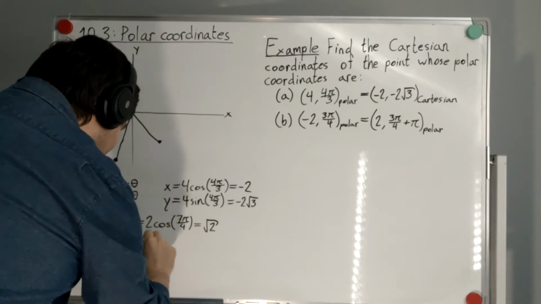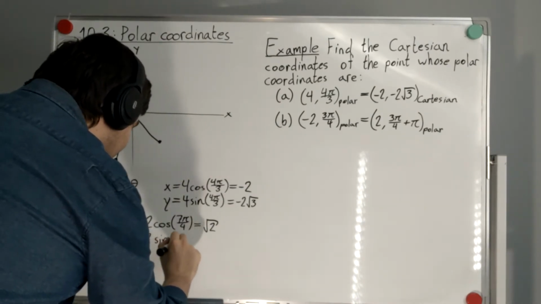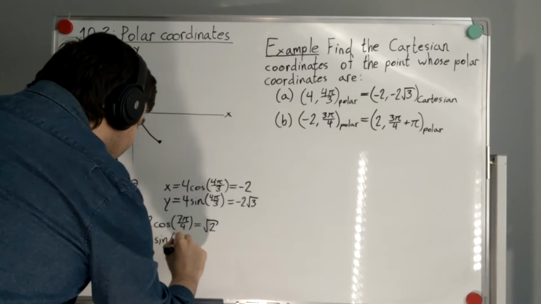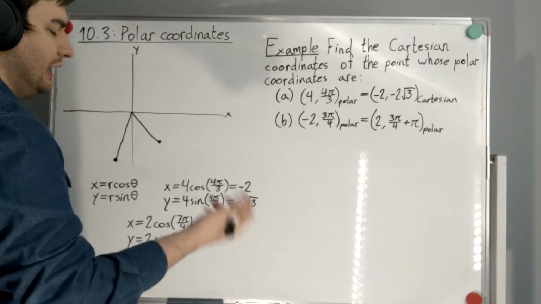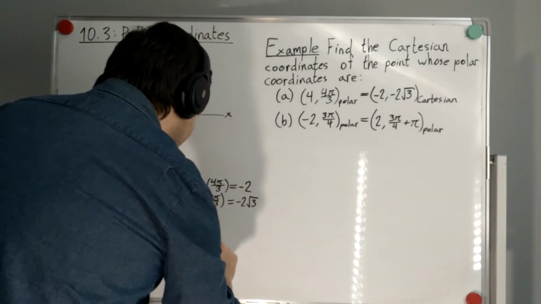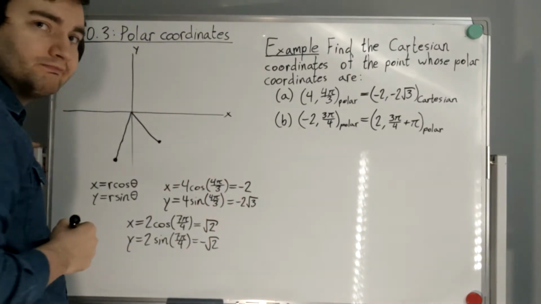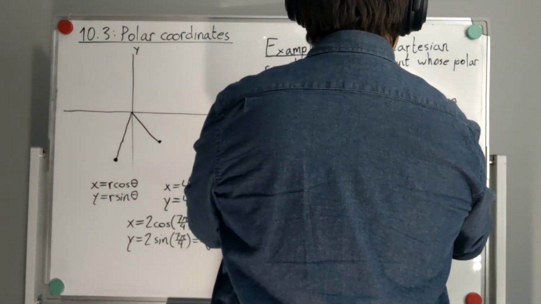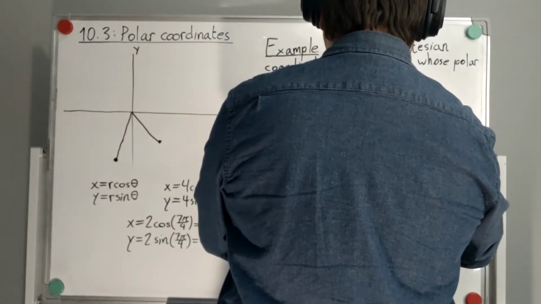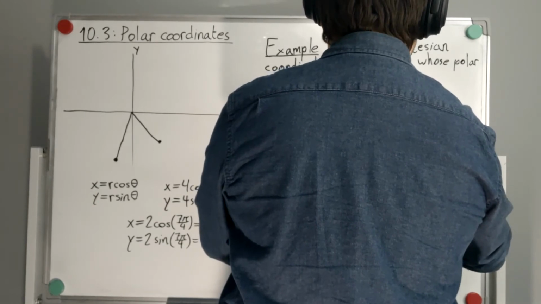Then we have y. This is 2 times the sine of 7 pi over 4. Sine of 7 pi over 4 is negative root 2 over 2, so this is negative root 2. And so in Cartesian coordinates, this can be written as root 2, negative root 2.